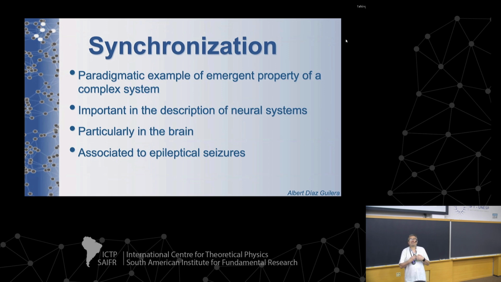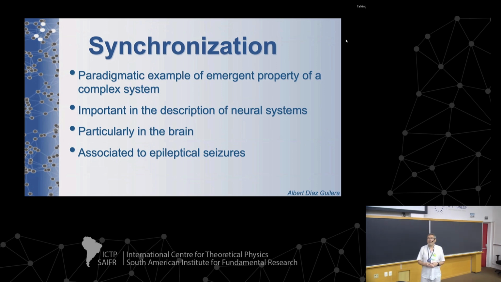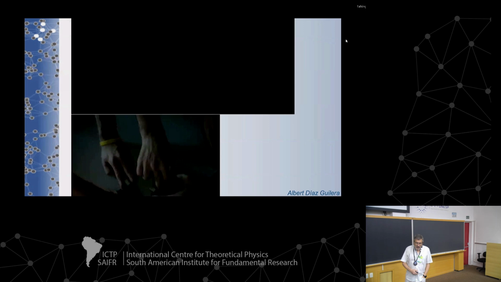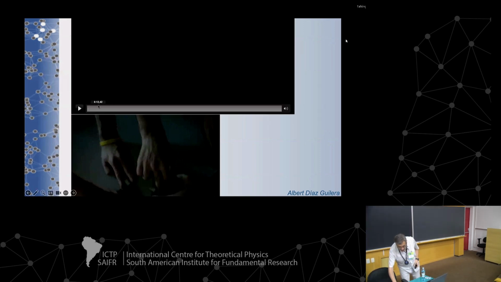It's what we call an emergent property, which perhaps is at the basis of complex systems as we understand them in a general way.